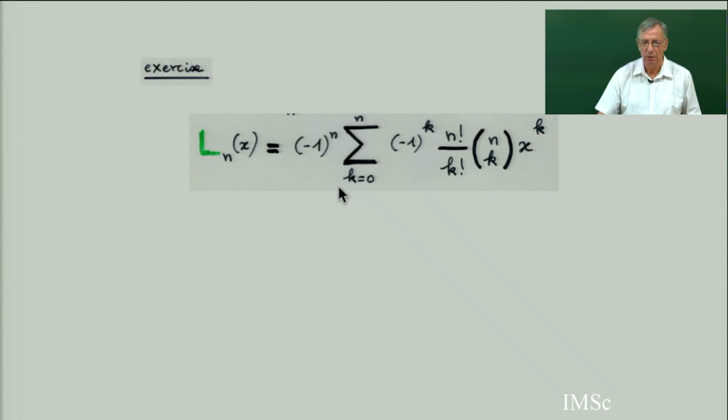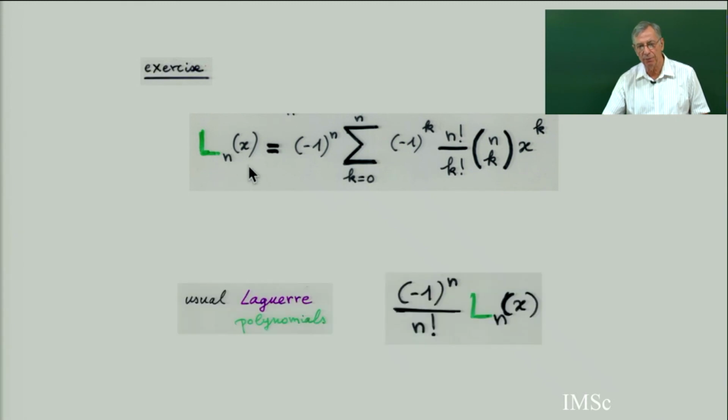So try to give a proof of this. Elementary proof, just with binomial coefficients: you have to choose a subset, choose a permutation, and factorial is the number of permutations on n elements. This is the number of ways to choose k elements out of n. So if you just know this, then you must be able to do this exercise.